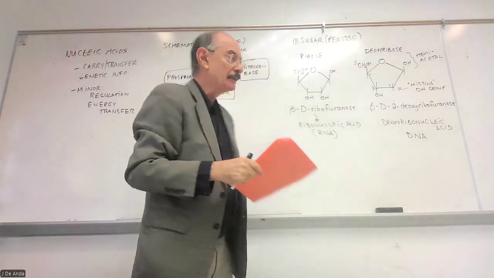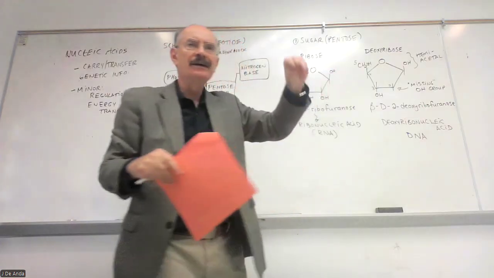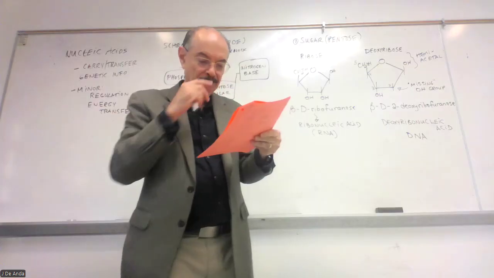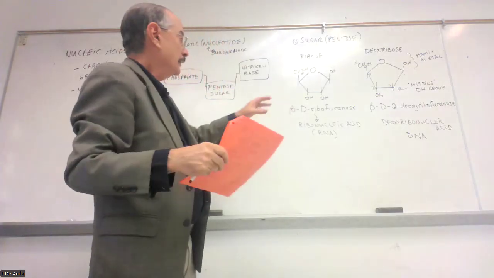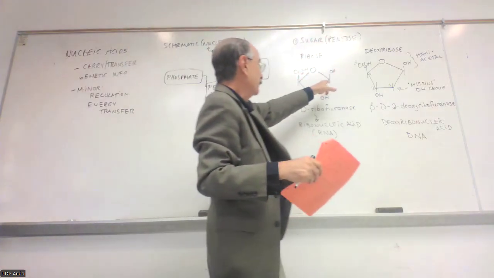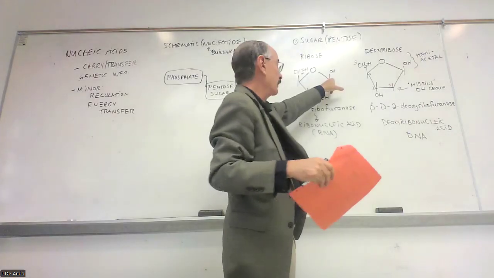Now, I want to remind you that whenever you have these kind of structures, some of these centers are reactive. They're susceptible to things. For example, remember that if you join several monosaccharides, you basically join them by making an acetal linkage with this anomeric carbon.